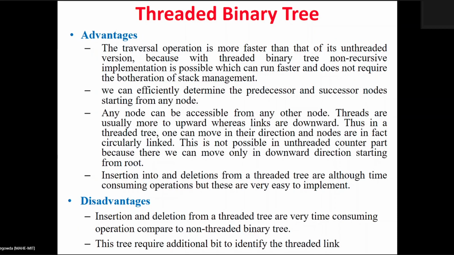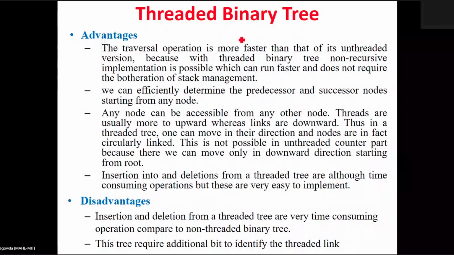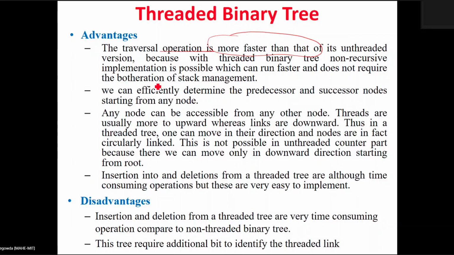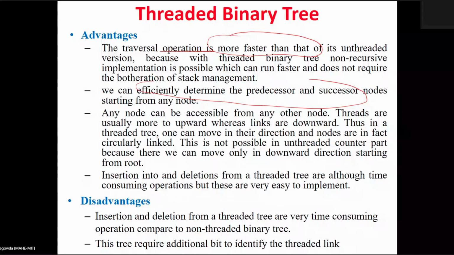These are some of the advantages of the threaded binary tree. Compared to the conventional traversal method, using a threaded binary tree is faster. We don't need any stack for storing return addresses. It is also a very efficient method of determining the predecessor and the successor of a node starting from any given node.